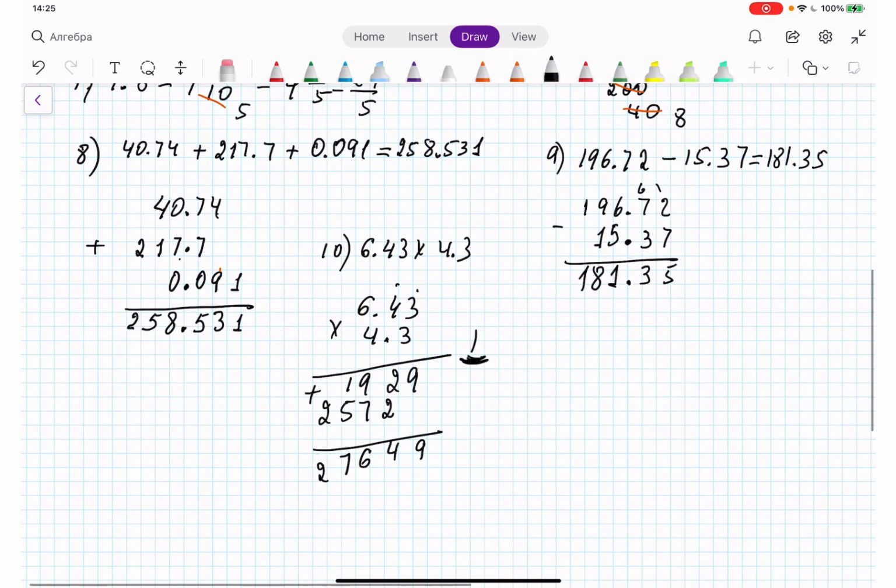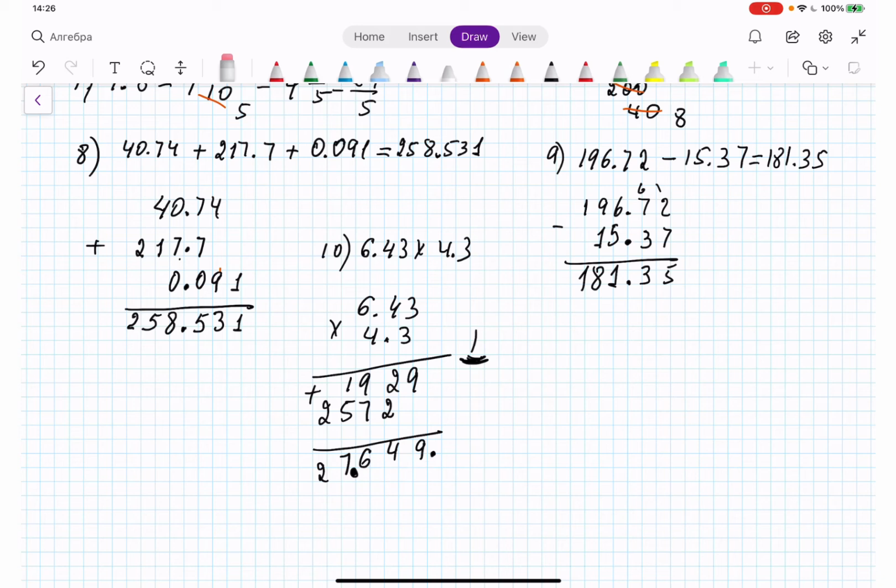Now, to bring back decimal notations, we count how many decimal places we have in total. 1 and 2 here, and 3 is here. So in total we have 3 decimal places, right? So we are coming backwards. Since this is a whole number, the decimal point will be at the end. So coming backwards by 3 positions, 1, 2, 3. There we go.